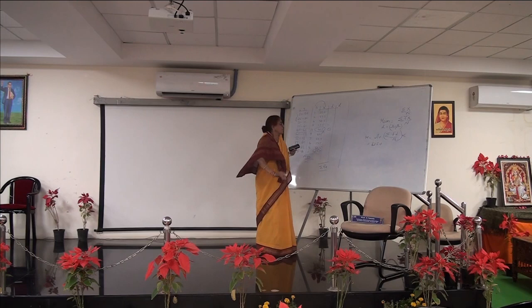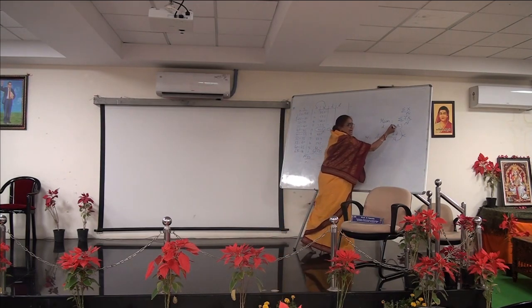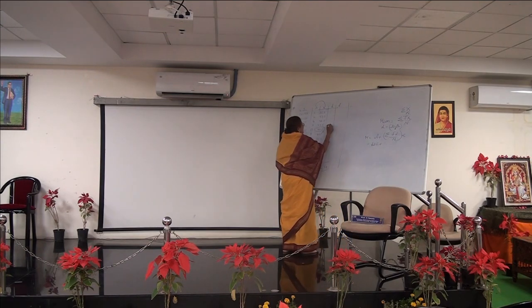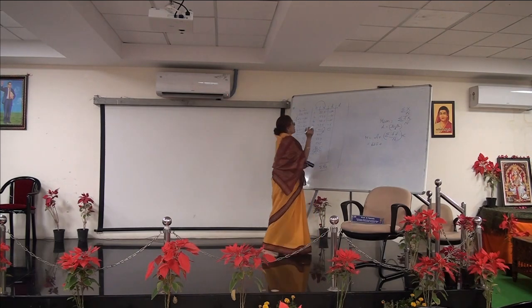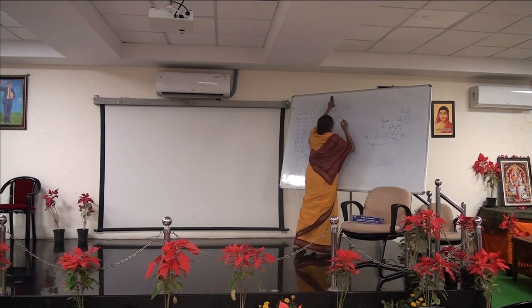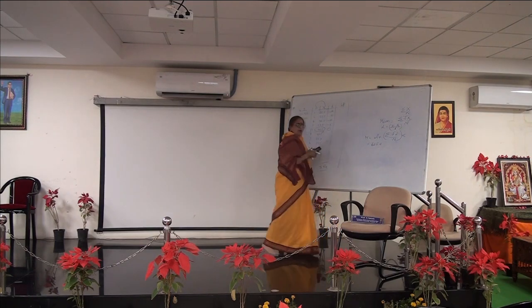If I don't use this i here in the denominator, you'll be getting minus 5, minus 10, minus 15 and minus 20. Again, this will be a laborious process because in the next column you have to find out the product of f and d.